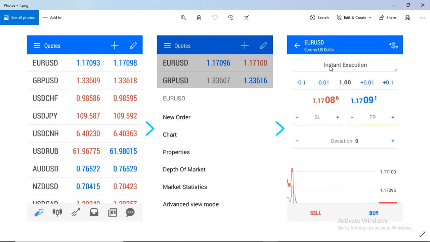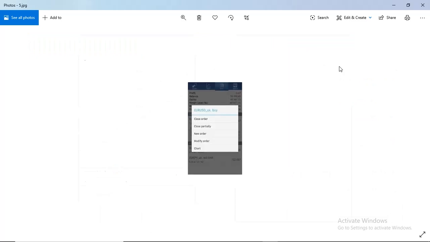This market order could be a buy order or a sell order. And in a buy order, it could be a buy stop or a buy limit, or a sell limit or a sell stop. So for instance, if you click on this point, this is what it gives you.